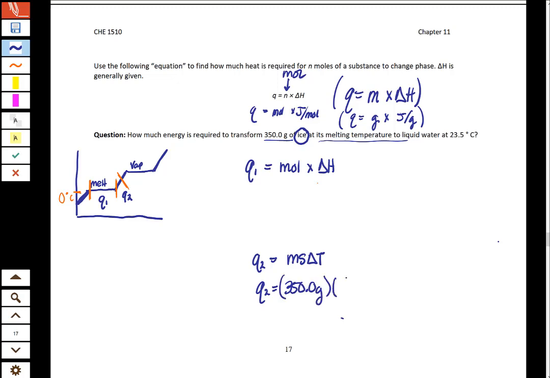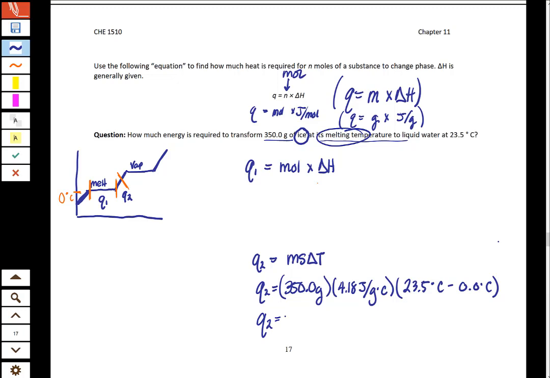We know the specific heat of water is 4.184 joules per gram degrees Celsius. And our delta T is T final, 23.5, minus 0. Where did I get that 0 from? Well, it said ice at its melting temperature, and I know that the melting temperature of ice is 0. So then you can calculate that for Q2.